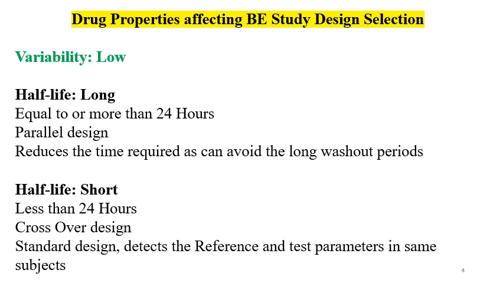Minimum washout period is avoided in bioequivalence studies. As a general practice, washout period of more than 5 half-lives is provided. Then if the drug has a short half-life, that means less than 24 hours, then a standard crossover design is selected.